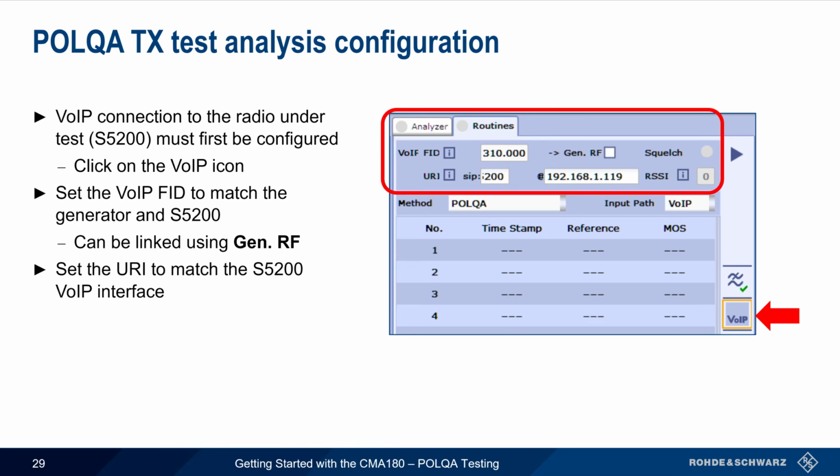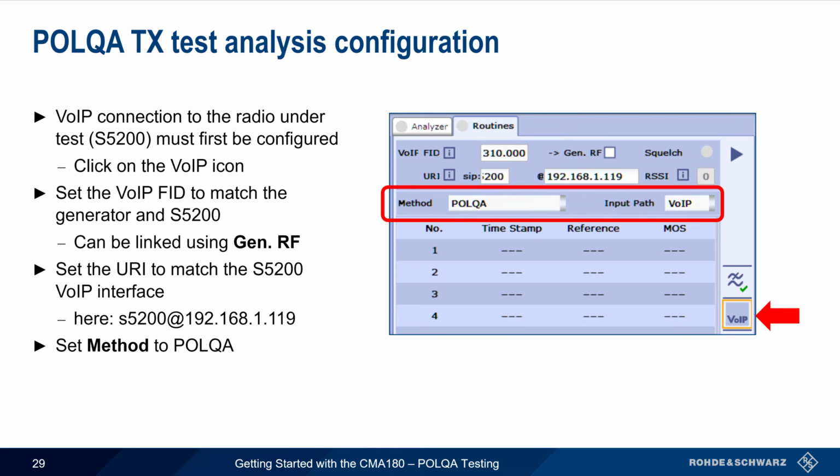We also have to enter the URI of the S5200 VoIP interface. Here, this would be S5200 at 192.168.1.119. Once these parameters have been configured, we then set the method to POLQA and ensure that input path is set to VoIP.